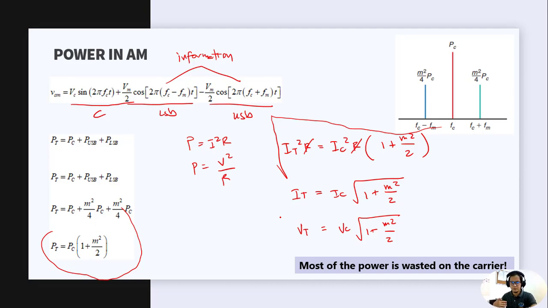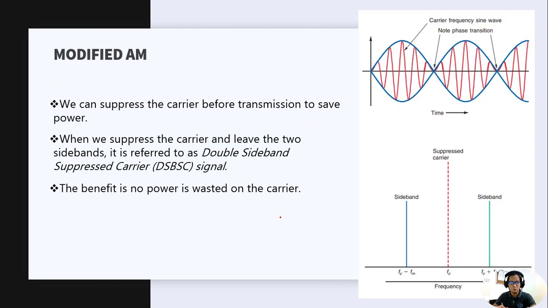Now, to overcome this waste, as engineer, we want our system to be efficient and economic at the same time. So, we modified our AM.